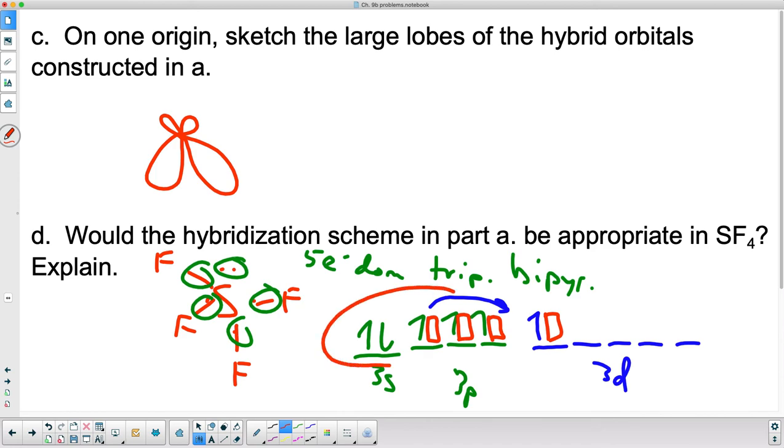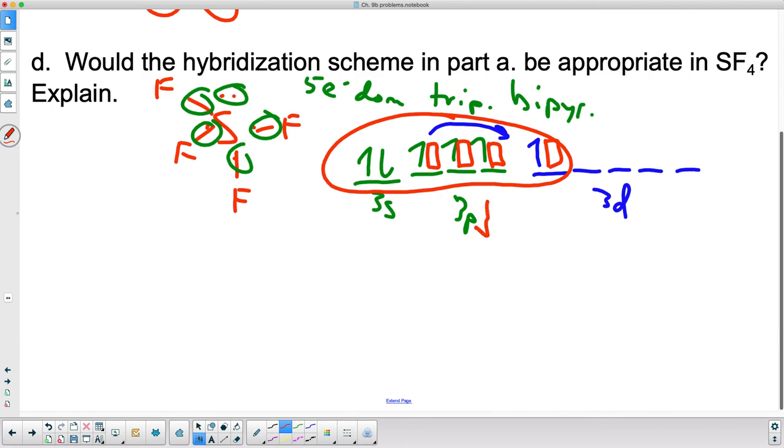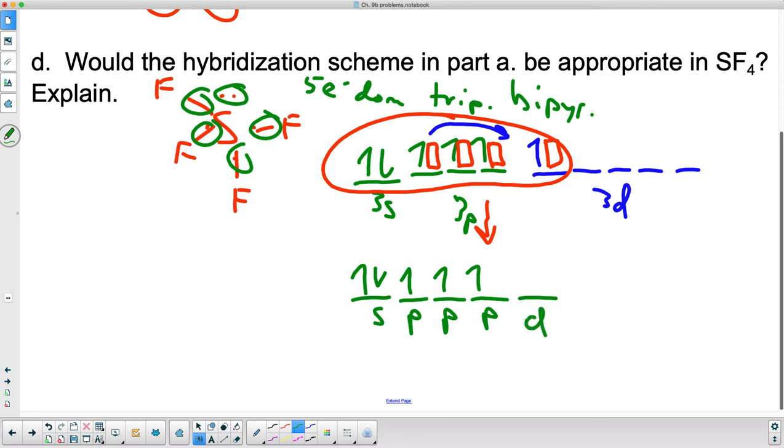All 5 of these orbitals end up being together. Let me show you what it looks like. So what happens here is, I'm going to do this all in green just to keep it constant, that I got s, p, and 1 d, all like this.